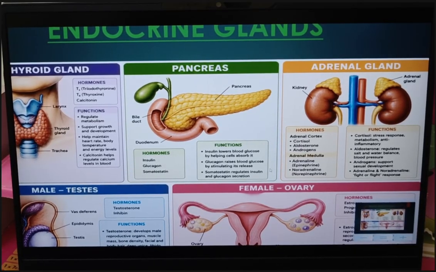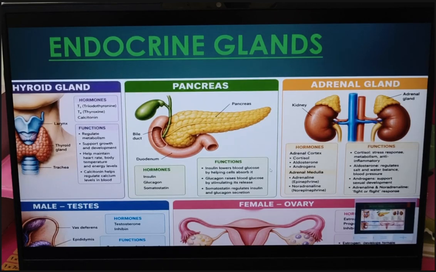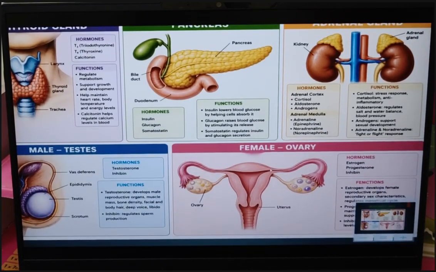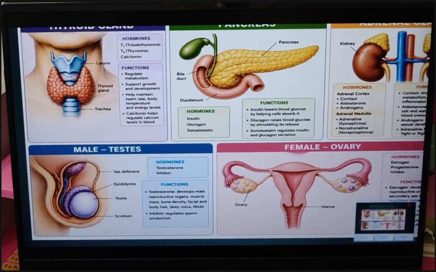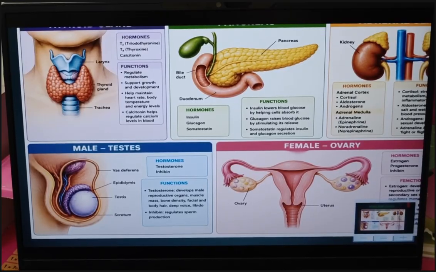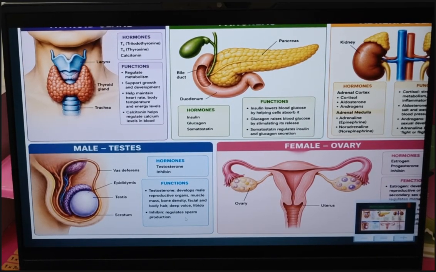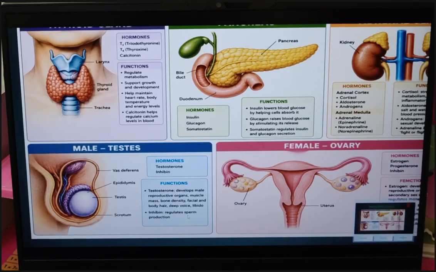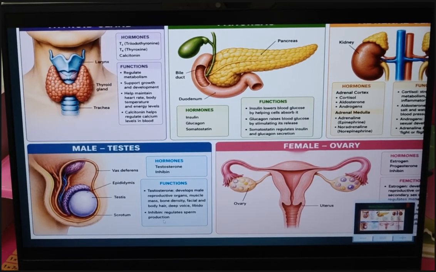Next is the male testis. The testis produces a hormone called testosterone. This testosterone is responsible for all the puberty changes and the secondary sexual characters. Its main function is that it regulates the production of sperm.